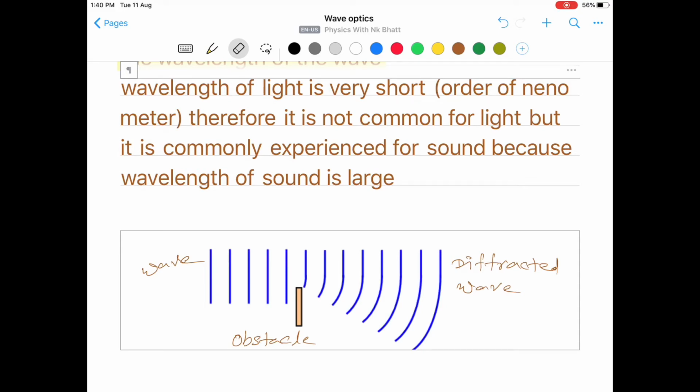This region is known as the geometrical shadow region, in which the light is spread after the diffraction, or you can say any wave which is getting diffracted is spread into the geometrical region of the obstacle. So for light, this is not possible for such a big obstacle because the wavelength of light is very short.